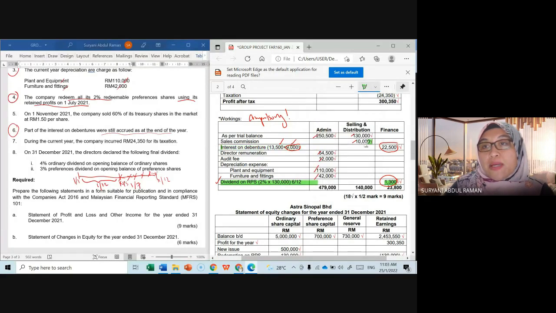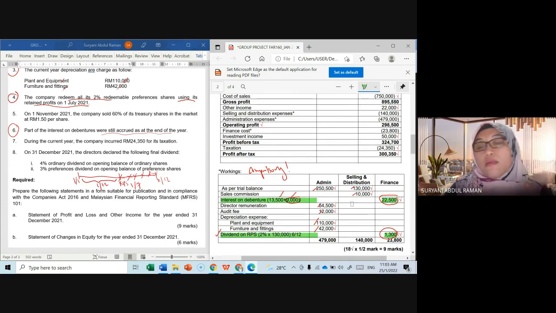In the finance course, most groups did not get the 4 ticks. We have 4 ticks: 2 ticks for interest on debenture, 2 ticks for dividend on RPS. If you get one tick right because you have working, I give you. But if you don't provide working, I cannot give you marks because you cannot assume that I know how you get the total.